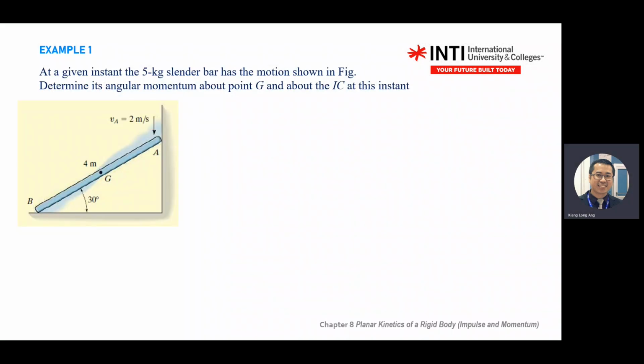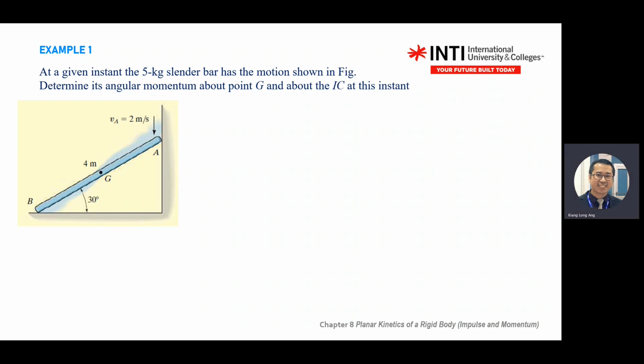Okay, so we go straight to the application. Given an instant, m will be given, and you have a velocity, this velocity, right? Determine the angular momentum about point G, the center of mass here, and about the IC at that instant. Okay.